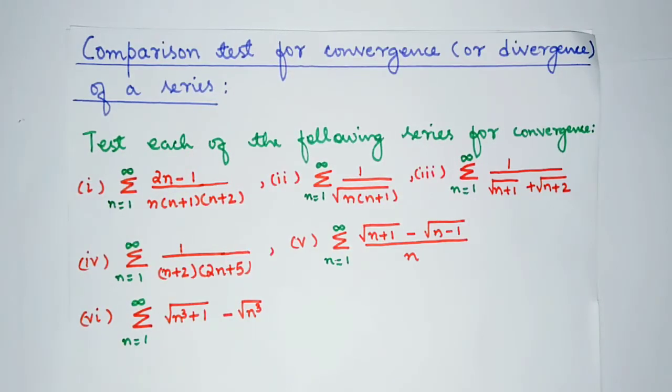In today's video, we will be using a comparison test to check whether a given series is convergent or divergent. So before coming to that, first we have to know what this comparison test is.